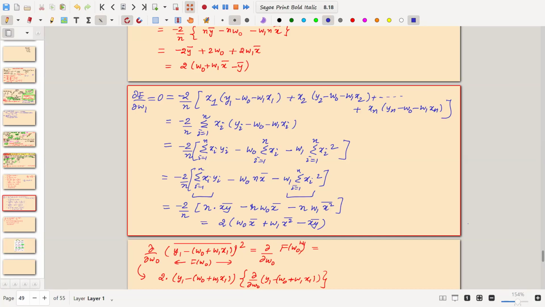Because see, it should not be n square. What we are doing is summation of x square, because you are taking the mean.